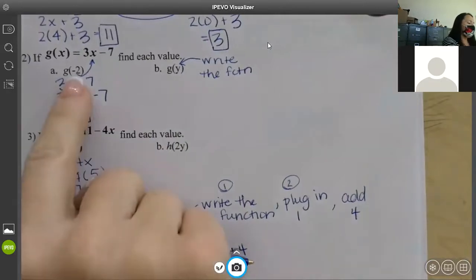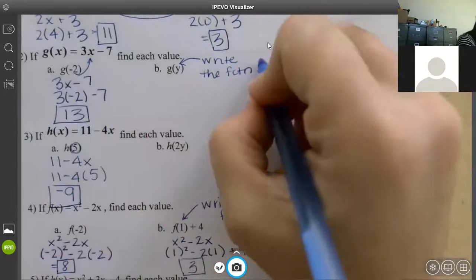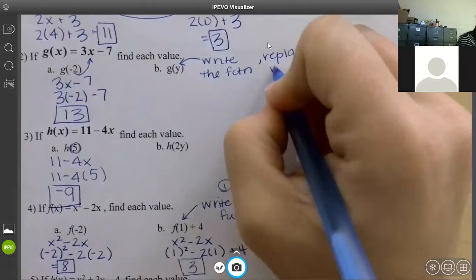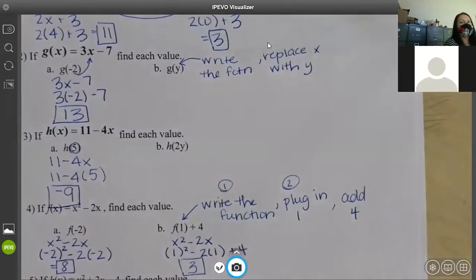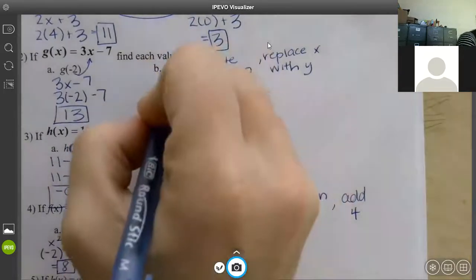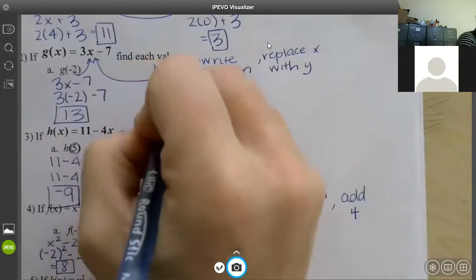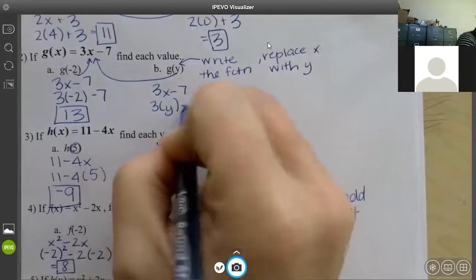And then if this one told us to replace x with -2, this one tells us replace x with y. Okay, so just like the other one, we're going to put y in for x. So here was our original function, but then we're going to replace x with y.